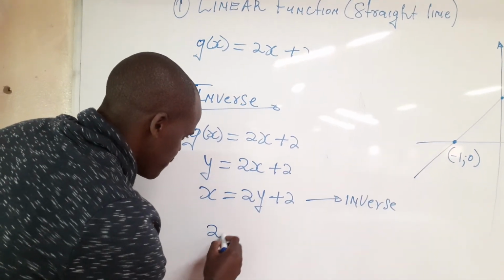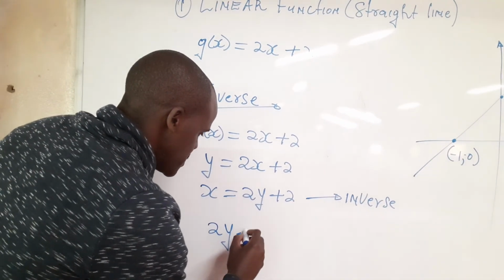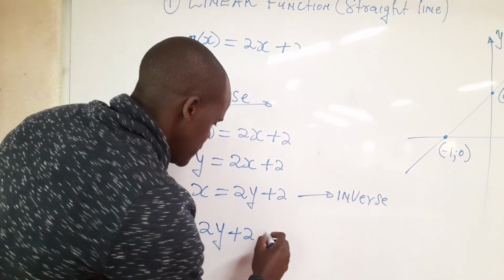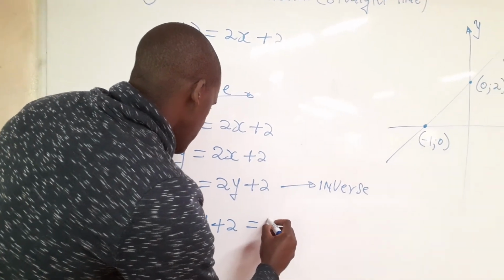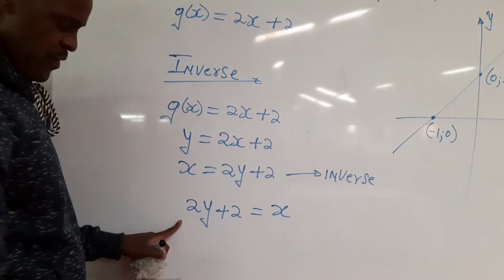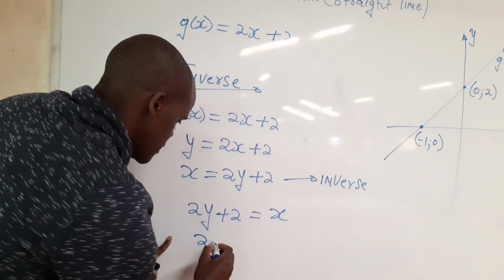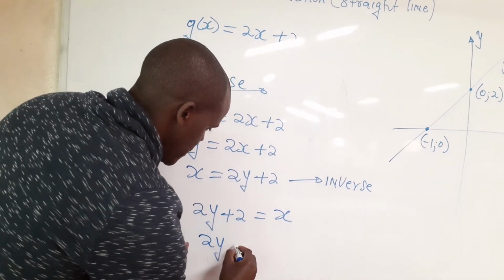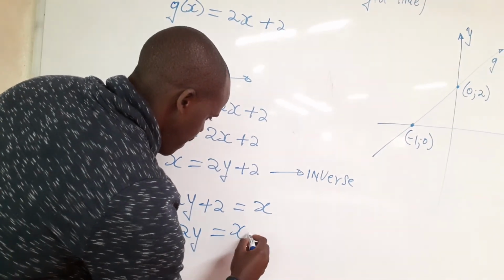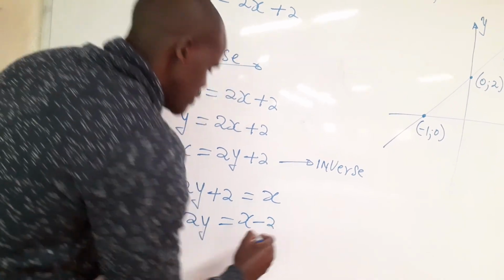Let's see. It's 2y plus 2 is equal to x. And then we transpose 2. 2y is equal to x minus 2.